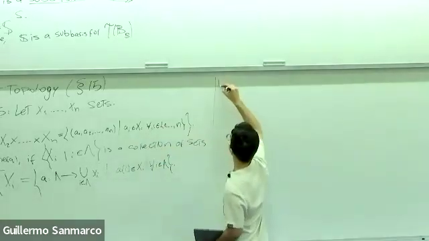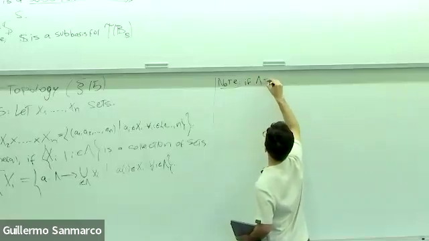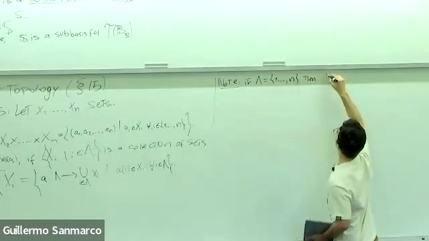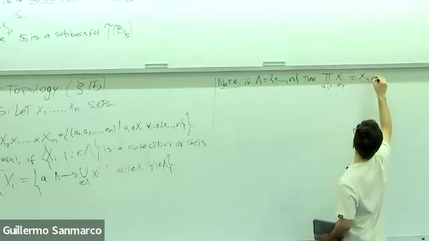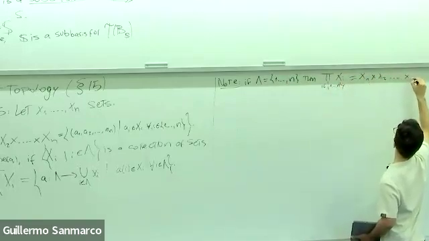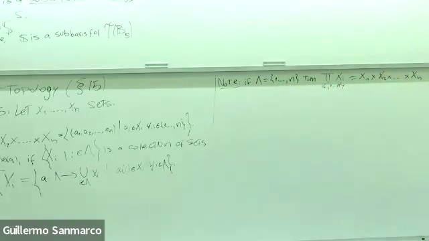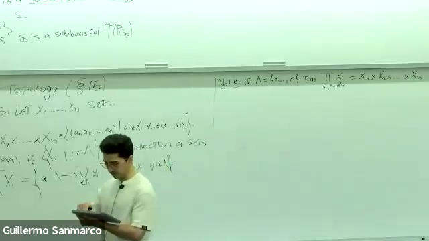If you take Lambda to be a finite set, 1 through n, then the product of Xi's over this Lambda coincides with X1 cross X2 cross Xn. Are we okay? Do you have any questions?